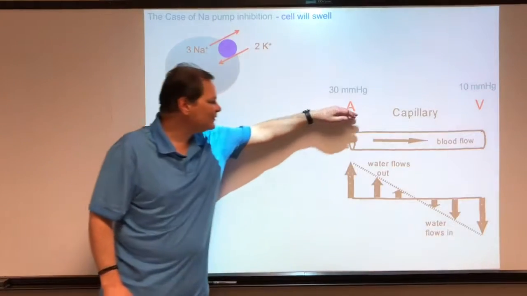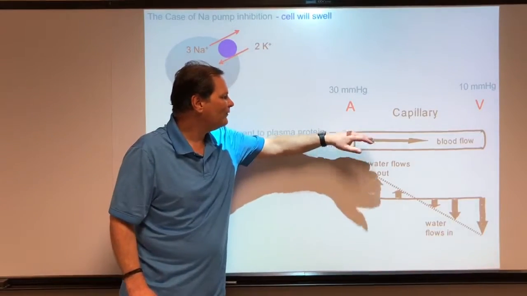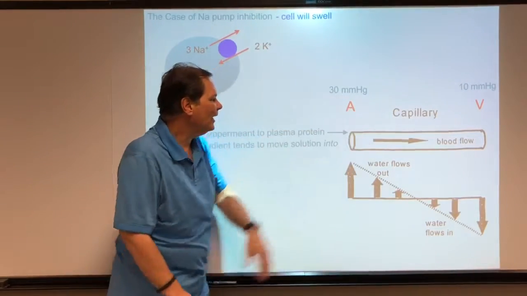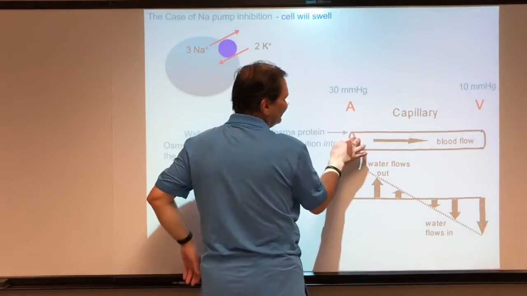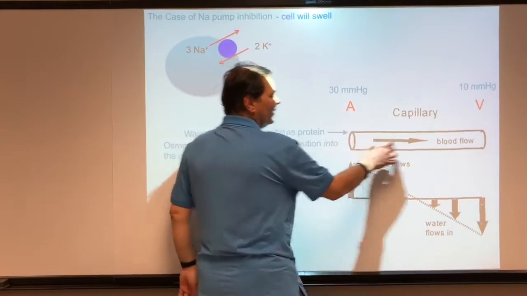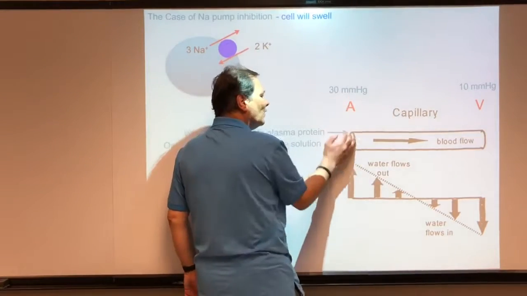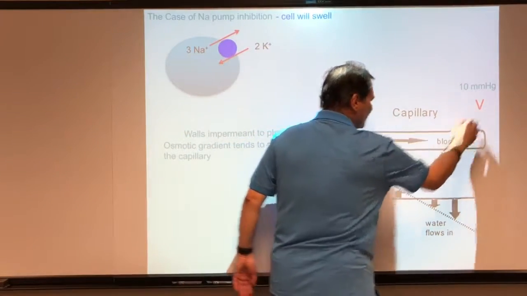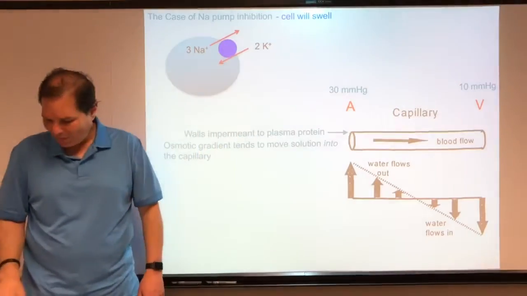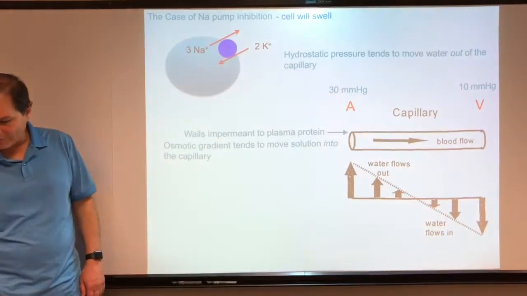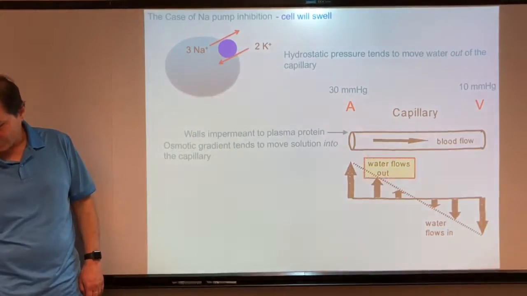So we have reabsorption, pulling water in. We have filtration, pushing water out. And you'll notice that the filtration is higher here than it is here because I have a higher hydrostatic pressure here pushing water out than I have here pushing water out. So what happens to water is a balance between those two things, okay?